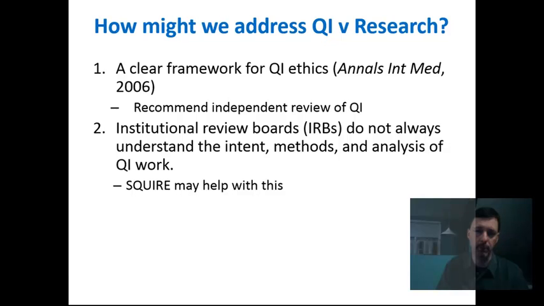Many IRBs have trouble with this. They are just not familiar with QI work. And particularly, they have trouble with identifying what is quality improvement and then clearly delineating it from research. So we thought SQUIRE might be able to help with this.